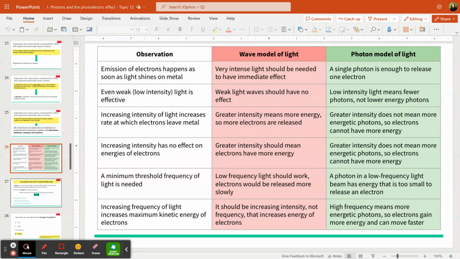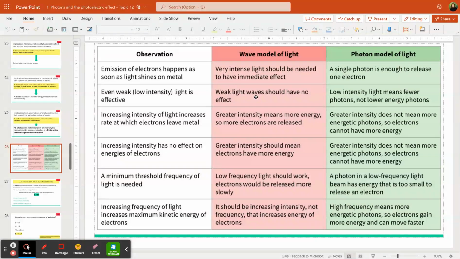I've summarised this in a table. I'm going to pause and not read it out to you because my voice is getting croaky and sore, but you can also just read. Okay, so on the left we have the observations, things we see happen.